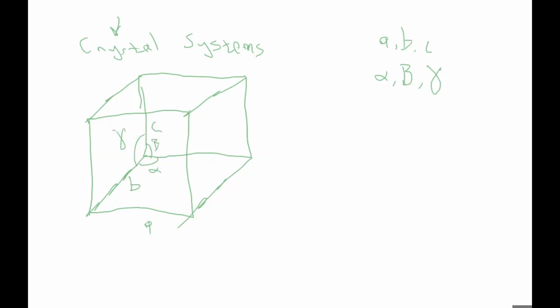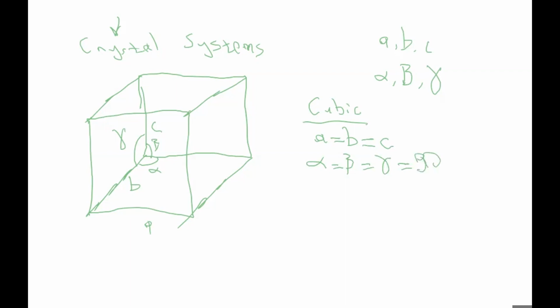So the crystal systems are the different forms of this unit cell. Cubic is only one of them. For cubic, A is equal to B, which is equal to C, and alpha is equal to beta, which is equal to gamma, and they are equal to 90 degrees.